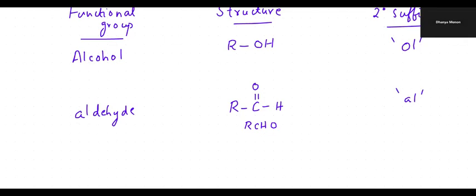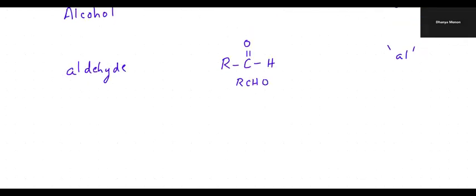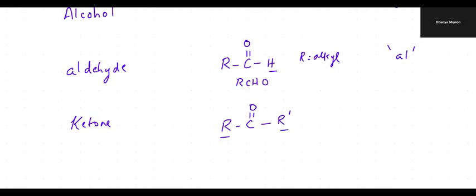So ketone, where R, as usual, is an alkyl group, any alkyl group. Ketone is similar to aldehyde, but the small change is that instead of this H, here we write R dash, where R and R dash can be the same or different alkyl groups.